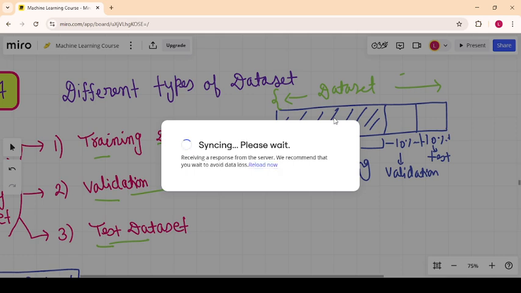In the training dataset, we use a large amount of data to train the model. In training, we are optimizing the parameters. We are getting the weights and biases, which we call parameters, that are learned when we train a model.